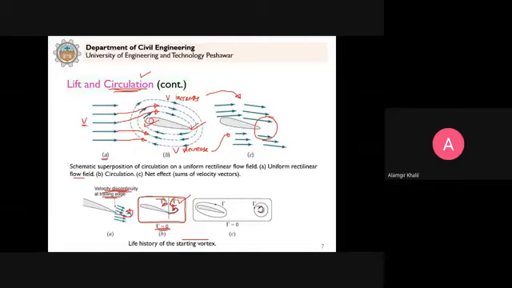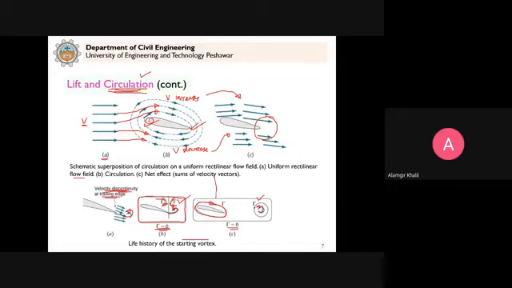So this is that counterclockwise rotation, and for net rotation to be 0 in a frame of reference, you can see that there will be this rotation around this body. This explains how this rotation, or circulation, occurs around this body.